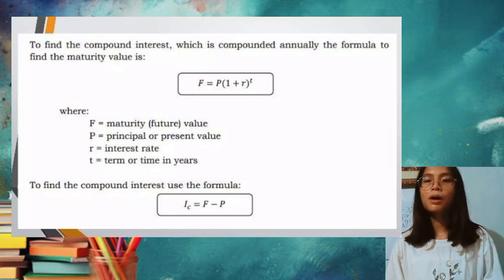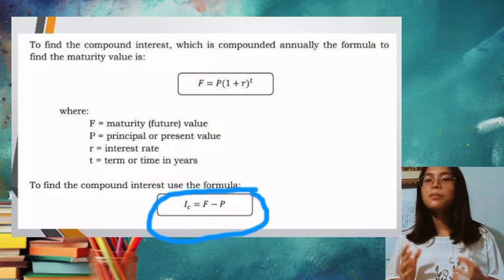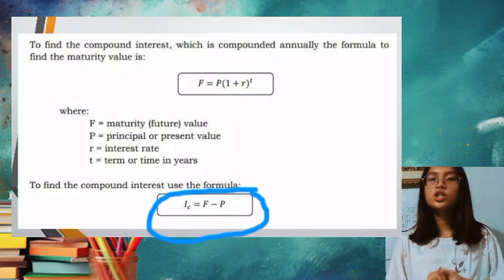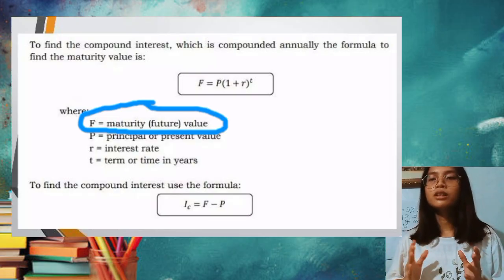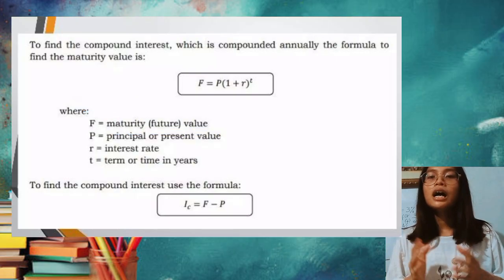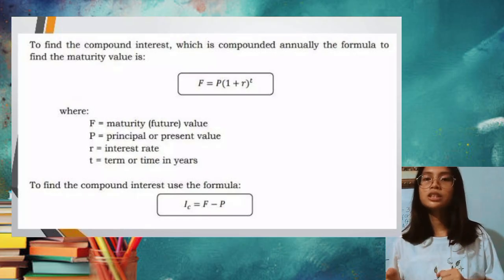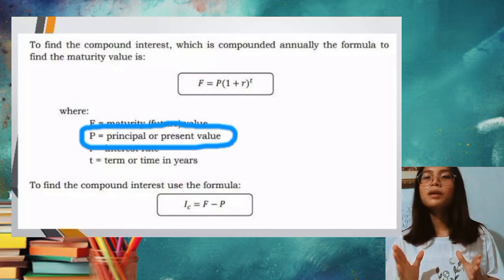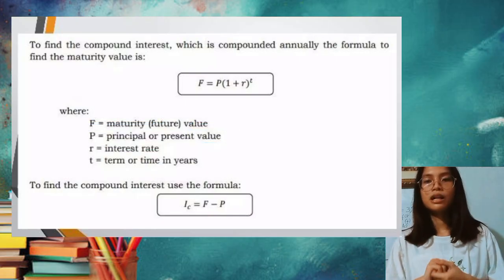So, right now, ang formula natin for the compound interest is I sub C is equal to F minus P. Yung F natin dito is the maturity value or the future value, parang yung amount ng investment mo after the term. And then yung P natin is the principal or the present value.